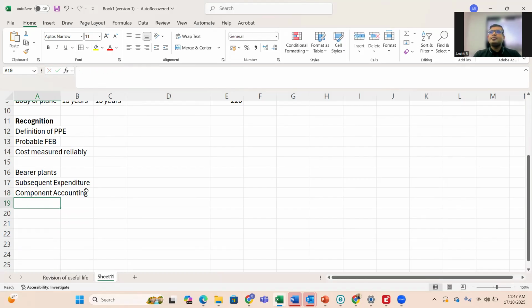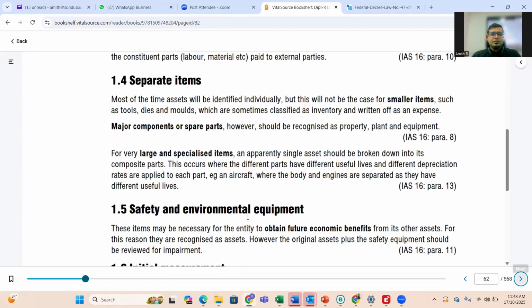Then safety equipment. In this context, don't go by fire extinguishers. They mean the asset, if you buy, would also have safety equipment. Whether that is also PPE is the question. Then, what did we learn?